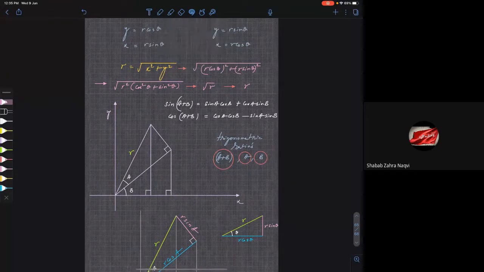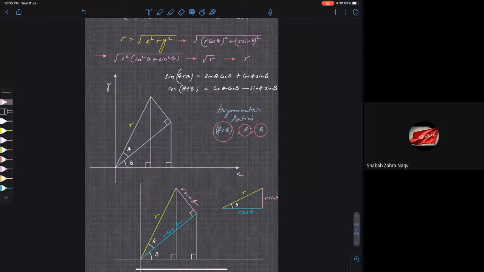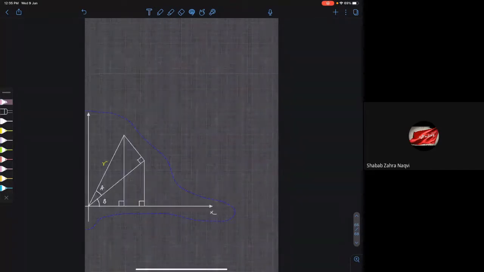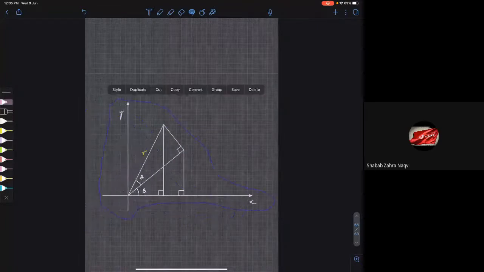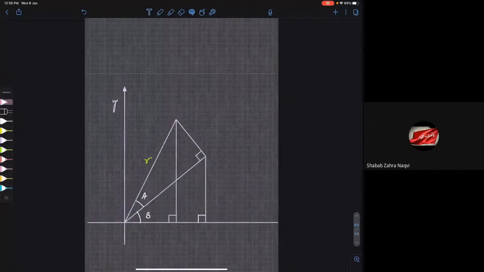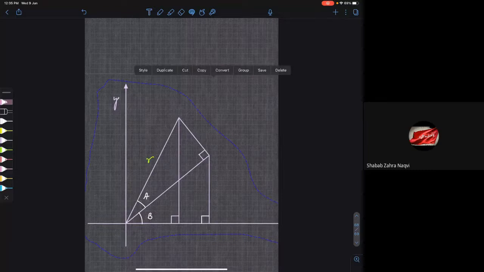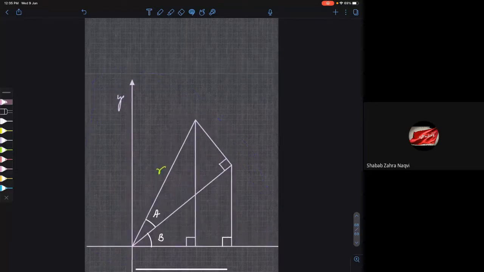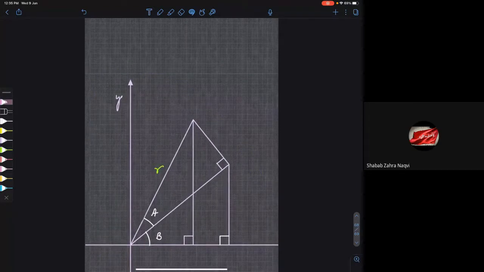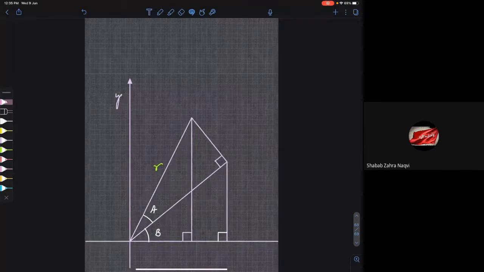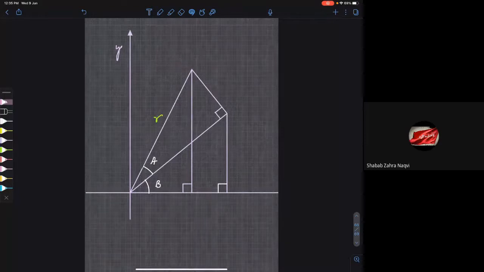So look at this diagram again. I'll just make it a little bit bigger so that it will be easier to follow. Okay, fine, now this diagram is big.